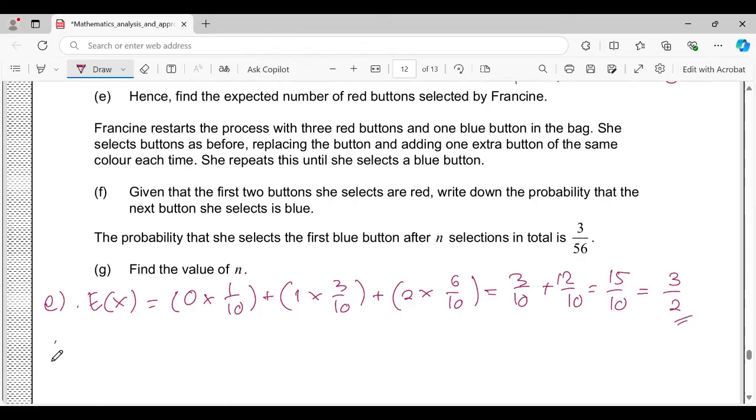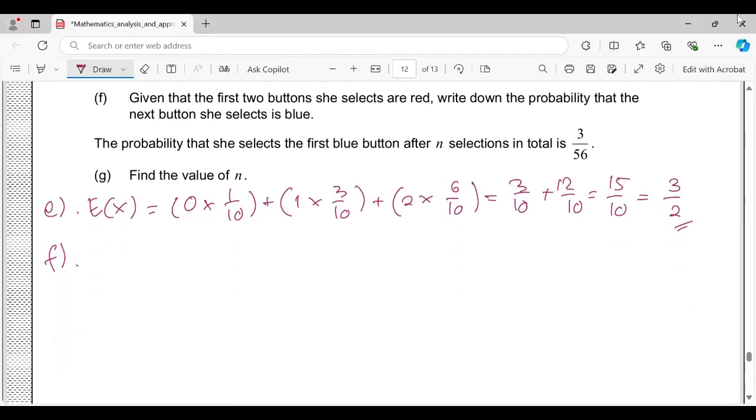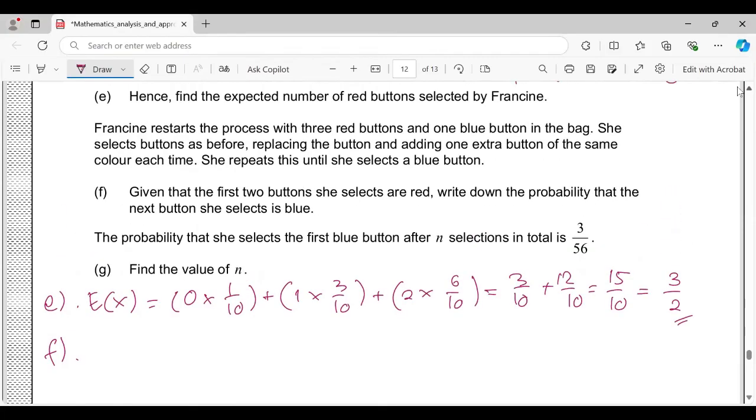Next, F. Francine restarts the process with 3 red buttons and 1 blue button. So being 3 red and 1 blue. In the bag.